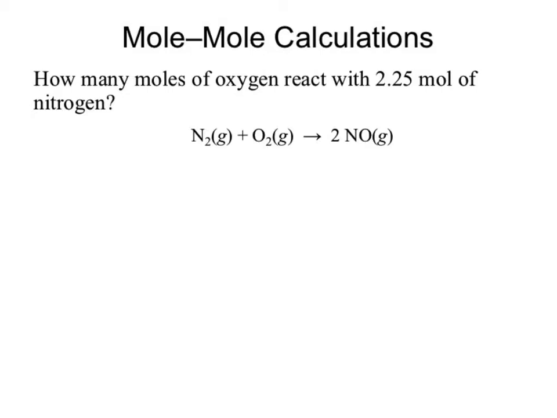Step 1. Equals moles of O2. How do you know you should be solving for the moles of O2? Okay, so when you read the question, you're looking for this moles of oxygen.